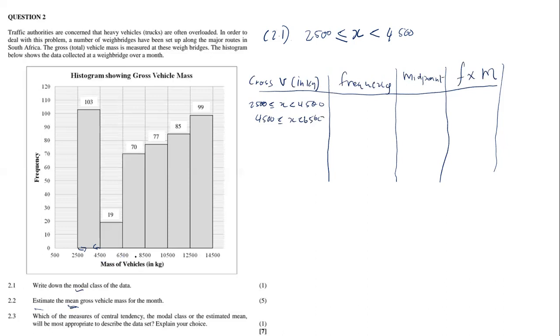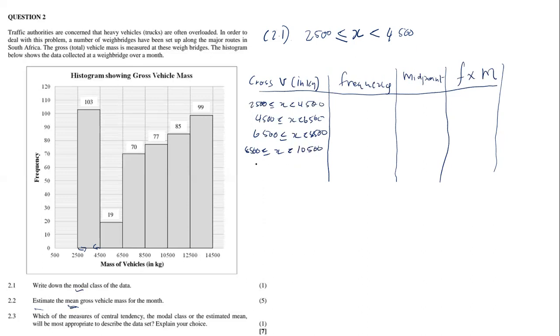The next one is 6,500 including it, to 8,500. The other one is 8,500, including it, to 10,500.